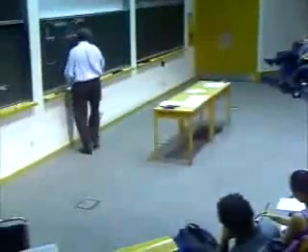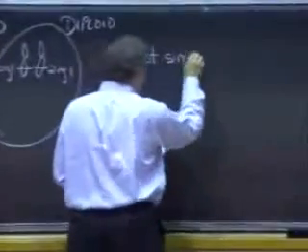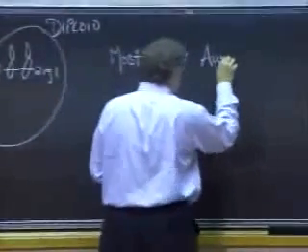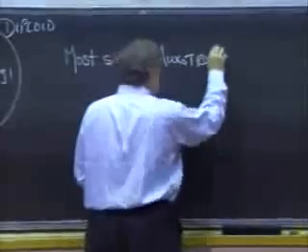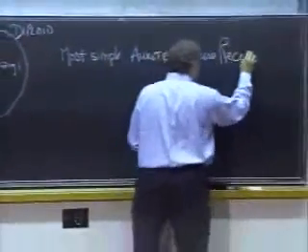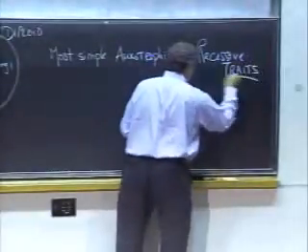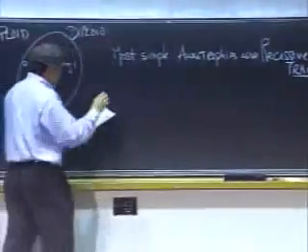So usually, most of these simple auxotrophies are recessive traits. Occasionally, some are dominant.